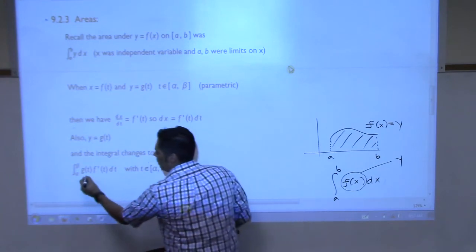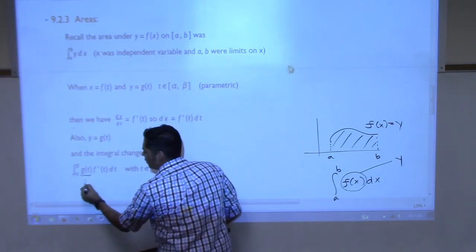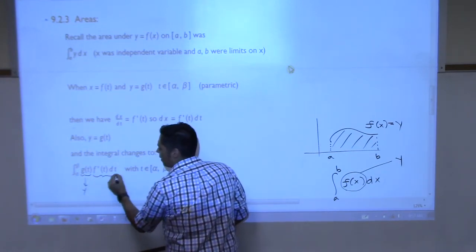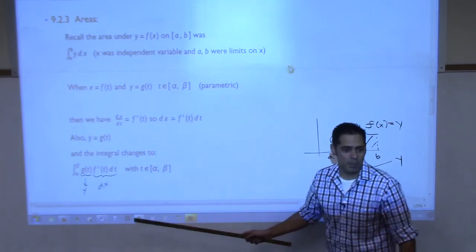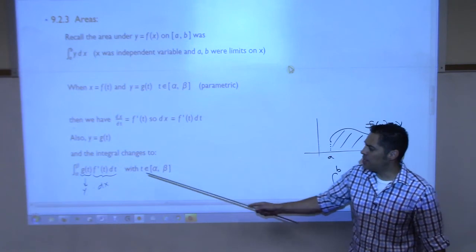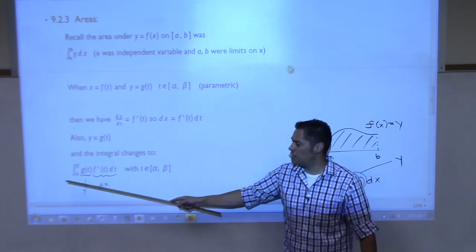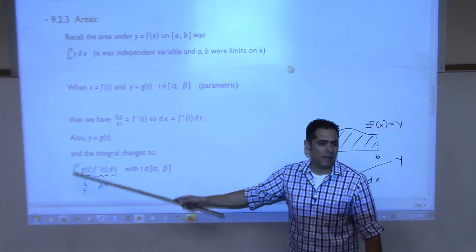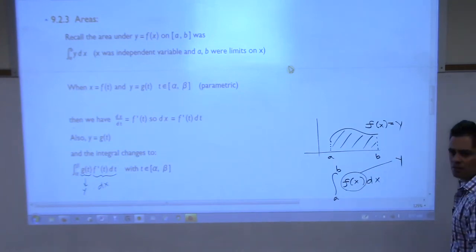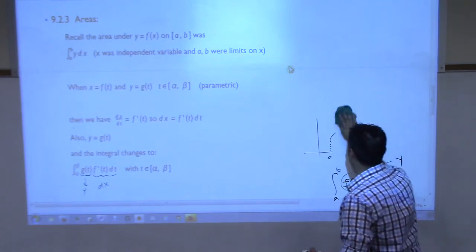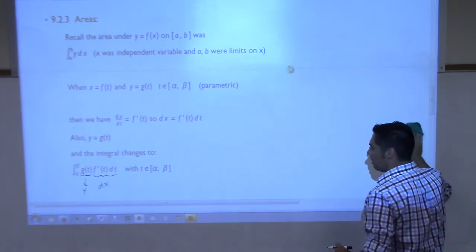So this piece right here is what y used to be, and this piece right here is what dx used to be. And now my integral is with respect to what variable? t. So my limits of integration change from a to b to alpha to beta. Does that kind of make sense? Isn't that pretty awesome? I mean, we can find the areas of these parametric curves.